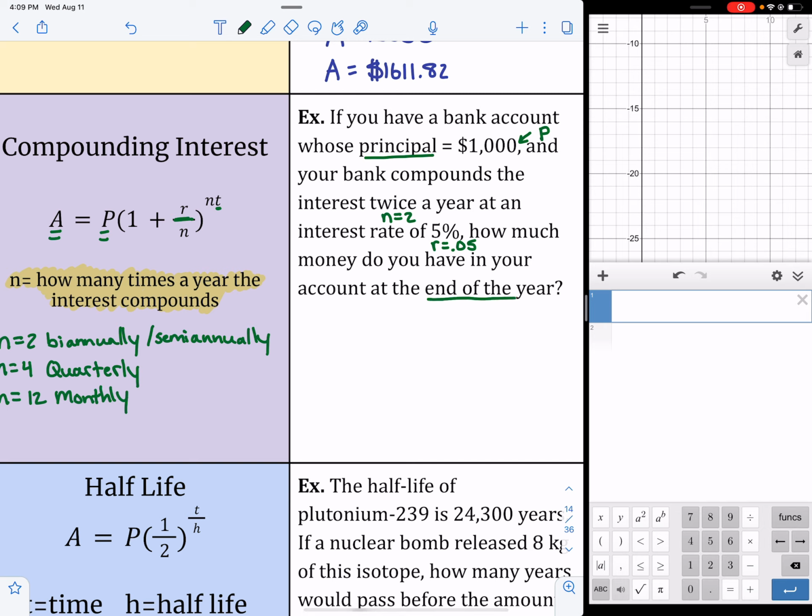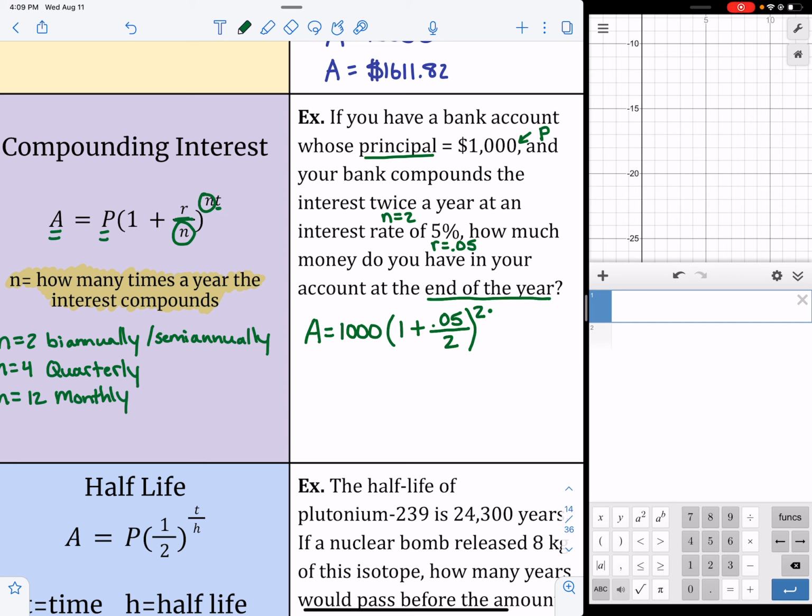At the end of the year, so that's our final amount we're looking for, so put A equals. We have the initial amount, which was 1,000. It's always 1 plus. Then the rate was 0.05. Divide that by N, which was twice a year, so you put 2 there. And notice N is in 2 places. You do put that number in both places when you're filling this in.